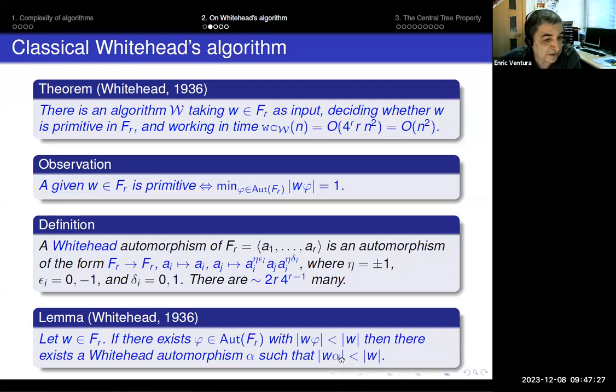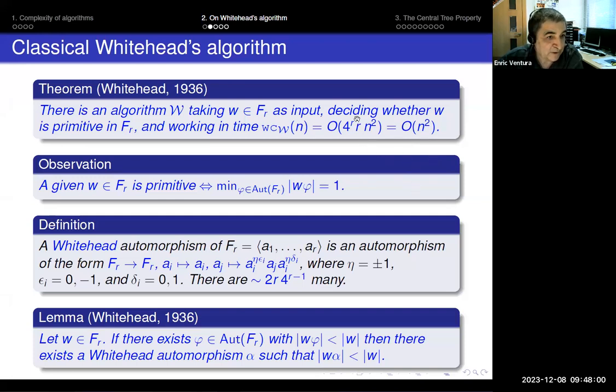And if you cannot decrease anymore, either you are at length 1 and so the original element was primitive, or if you are at the bottom of the orbit and the length is bigger than 1, then W was not primitive. Yeah? This is essentially quadratic time because the length of the word decreases in the worst case 1 by 1, and at every step you have a linear amount of work to do.